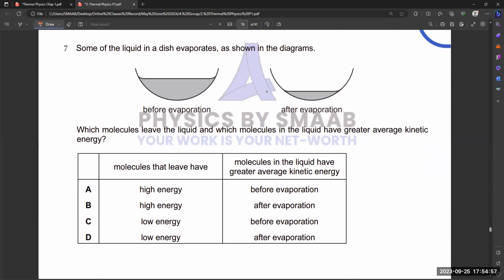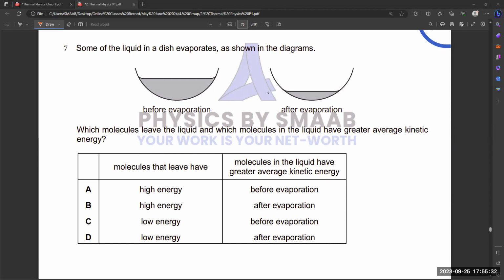Question 7. A. Okay, A. Okay, so basically, in this question they are asking: some of the liquid in a dish evaporates as shown.